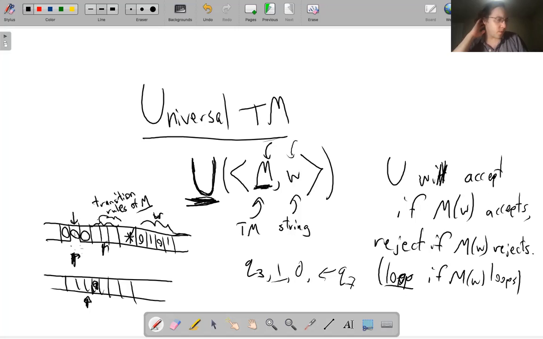So although our machine U is going to be able to simulate M on W step by step, it's not going to be able to tell in advance whether it is ever going to halt or not.